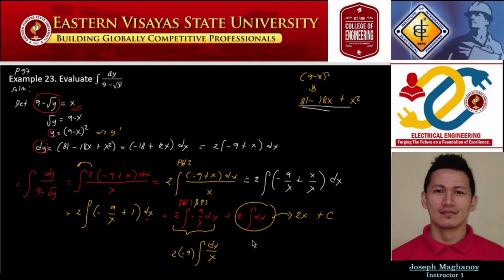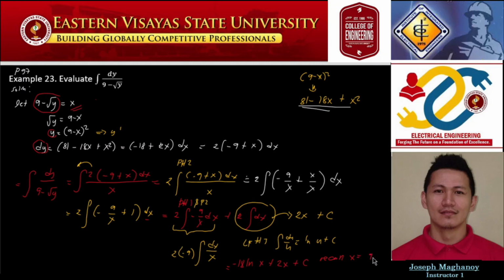So we use our logarithmic formula number 3. Integral of du over u is equal to ln u plus c. If you do so, your final answer will be negative 18 ln x plus 2x plus c. Okay. So, but you need to recall what is the value of your x.